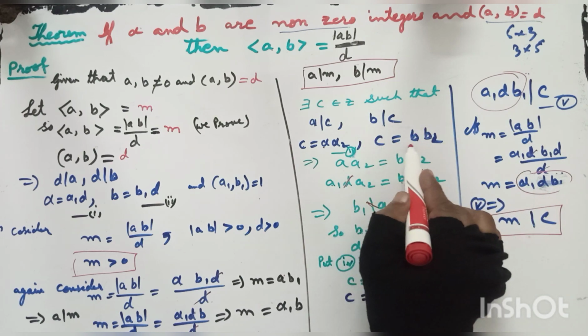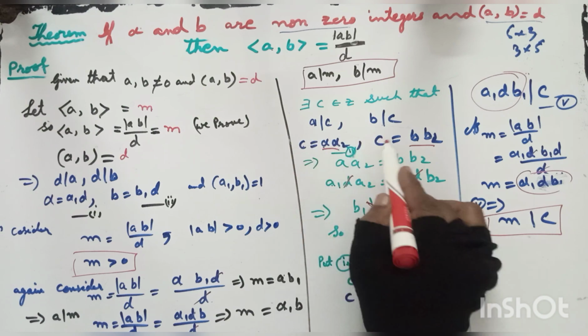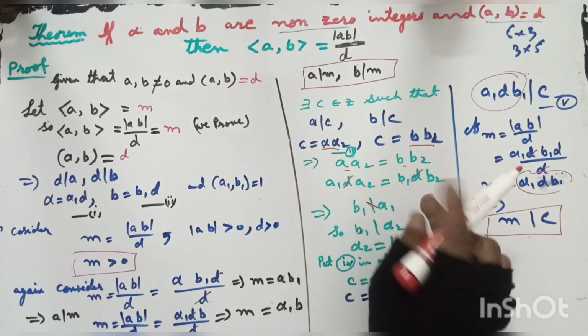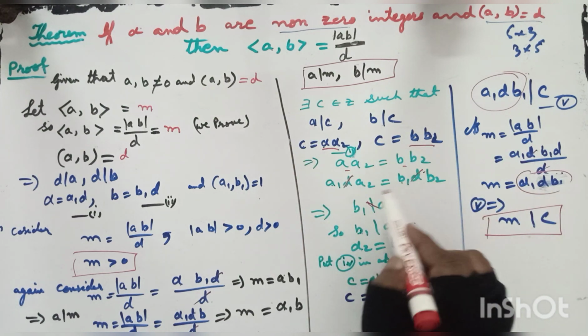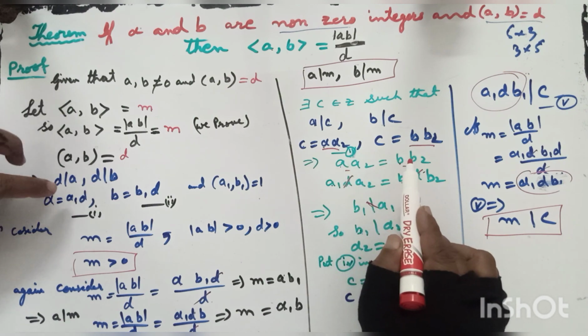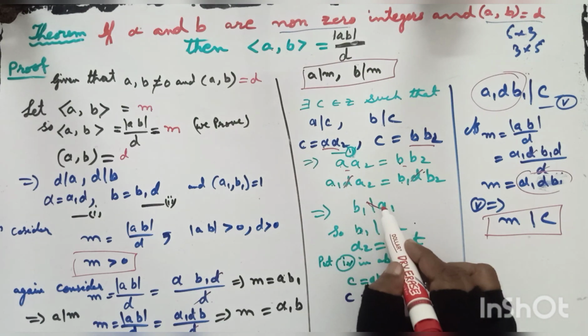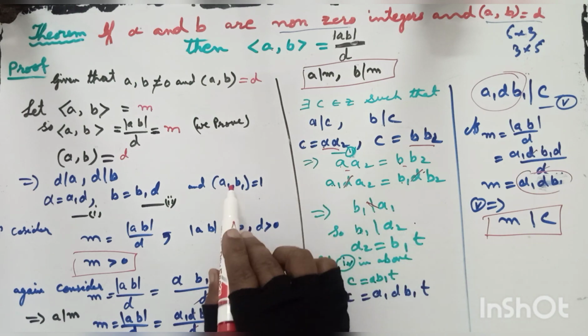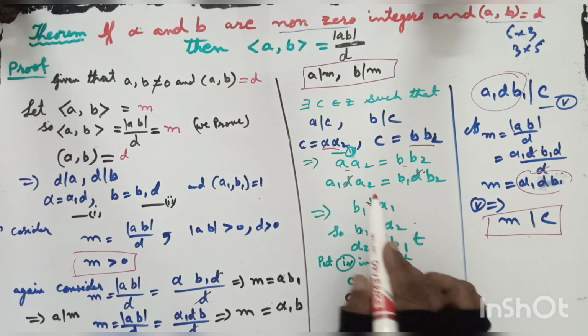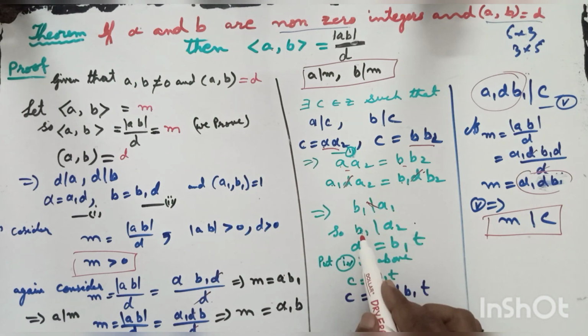If both this side and this side are equal to C, then these can be written as equal terms. We plug in the value of A and B from here. Then I cancel D and D. As you know that B1 does not divide A1 because A1 and B1 are relatively prime, so B1 must divide A2.